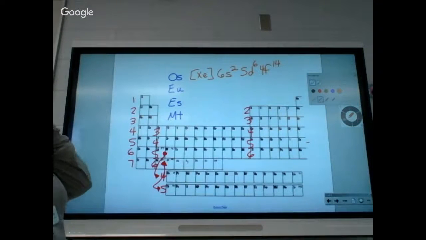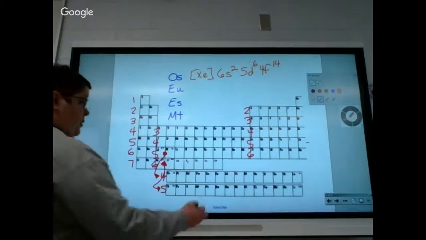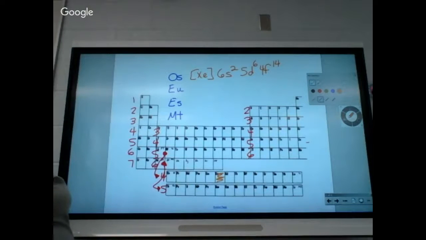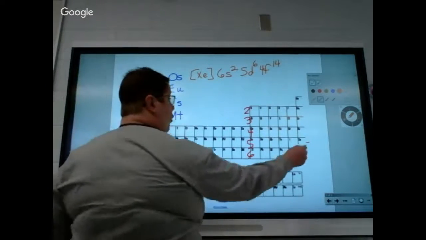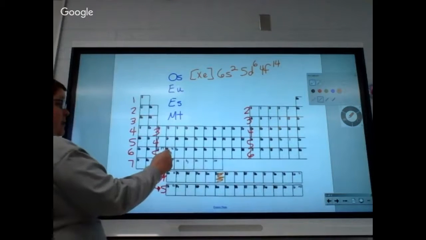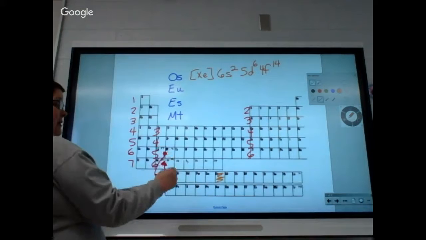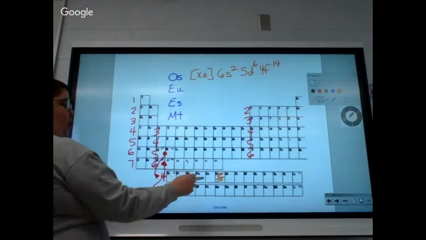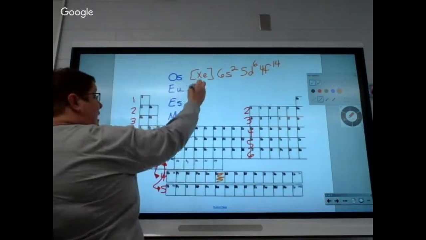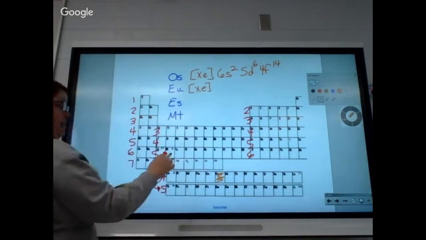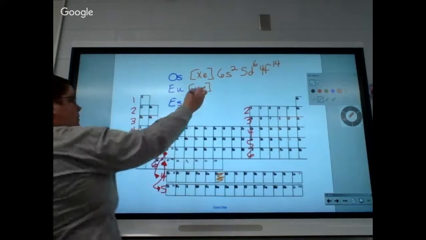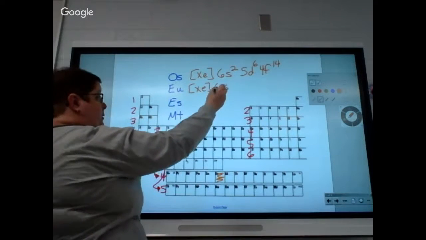Okay. For europium. Europium is here, for those people who are going, I didn't do it because I don't get it. This whole row right here is that dot. So what noble gas is in front of that dot if this whole row is that dot? So you're putting XE in brackets. What comes after the XE? 6S. So we write 6S, how many? 2.